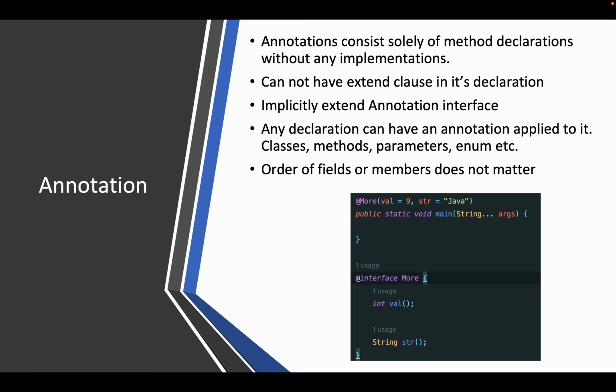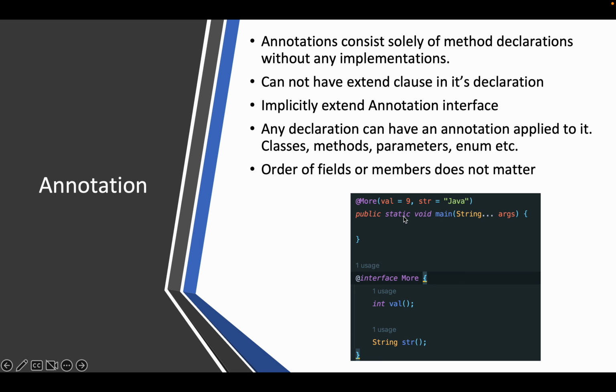Annotations implicitly extend the Annotation interface, and any declaration can have an annotation applied to it. Declarations, I mean the class name on top of a class, on top of a method, or on parameters or enum types.